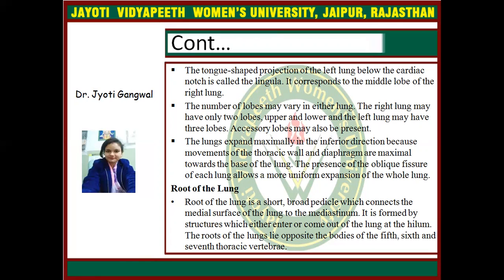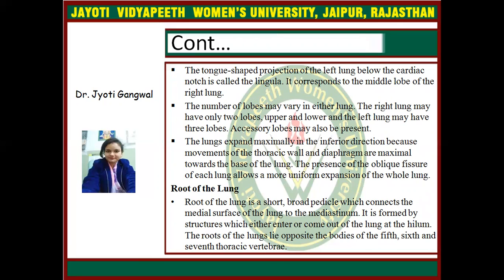The lungs expand maximally in the inferior direction because movement of the thoracic wall and diaphragm are maximal towards the base of the lung. The presence of the oblique fissure of each lung allows a more uniform expansion of the whole lung. Root of the lung, or we also call it hilum of the lung.